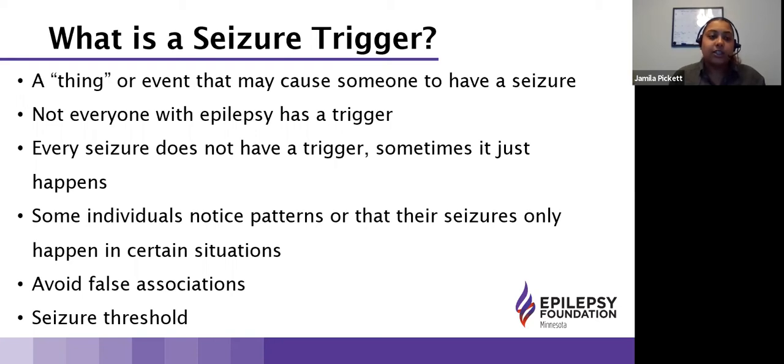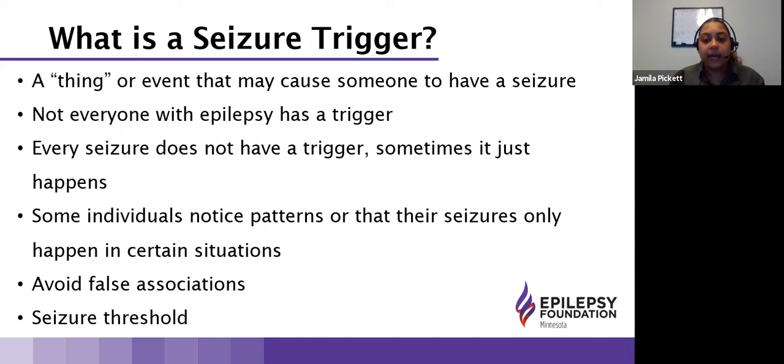And also, just because you have one seizure trigger does not mean you have another one. And just because you have a seizure trigger doesn't mean that you can't have other seizure triggers. So it is very intricate in a lot of ways because it's not straightforward. Everybody's seizure triggers are different, and people have seizure triggers for different reasons.